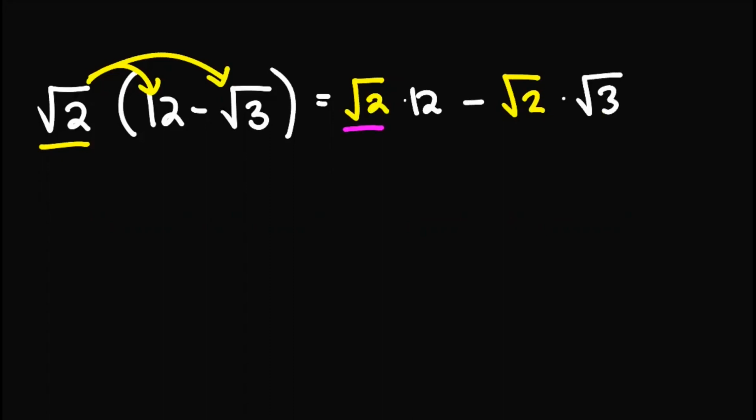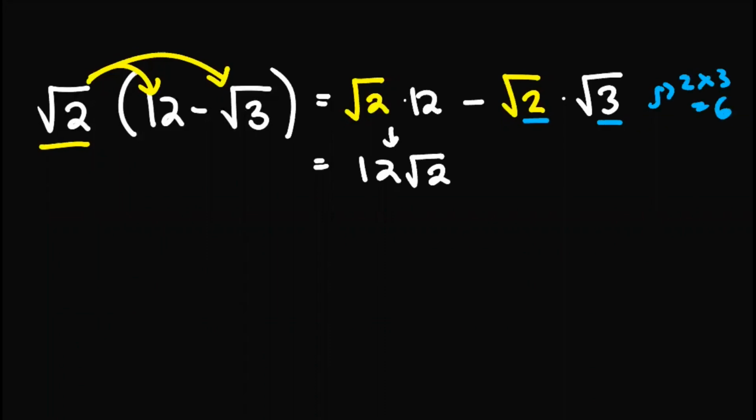Since this one is a radical and this one is a whole number, we can't really simplify this anymore. So we'll just have here 12 square root of 2. But for this other one, since these two are radicals, what we do is we multiply the radicand inside. So that's 2 times 3 or 6. So we'll have here minus square root of 6. And that is the answer.